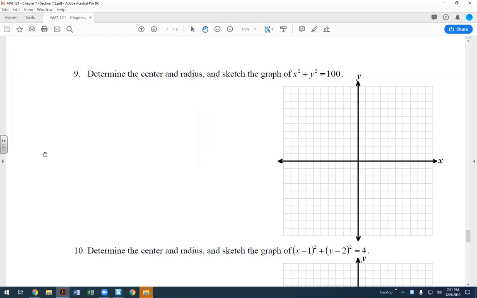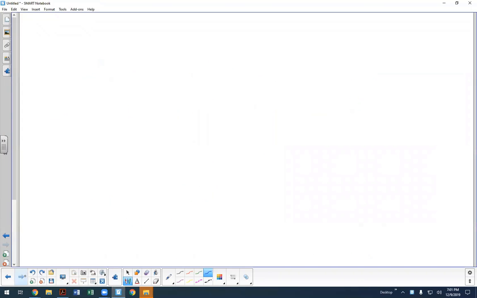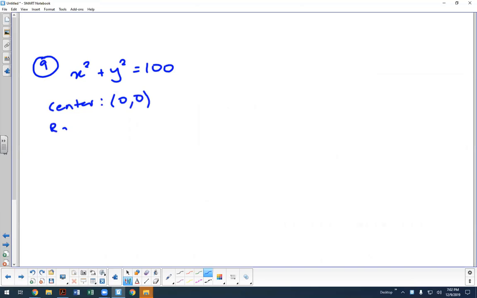So now that our equation is given as x squared plus y squared equals 100, what's your center? 0, 0, yeah. So if the equation is x squared plus y squared, there's no plus or minus h or k happening. That means our center is at 0, 0.